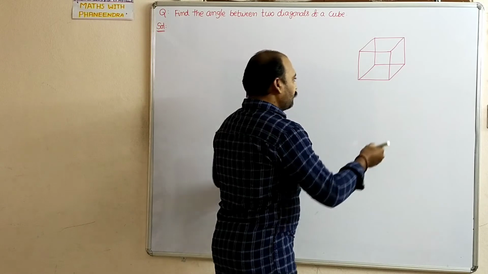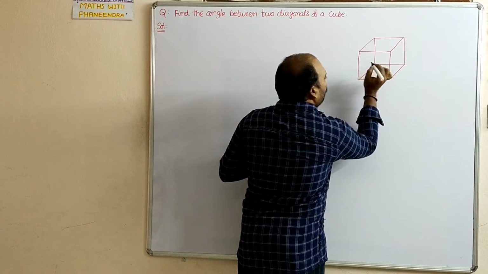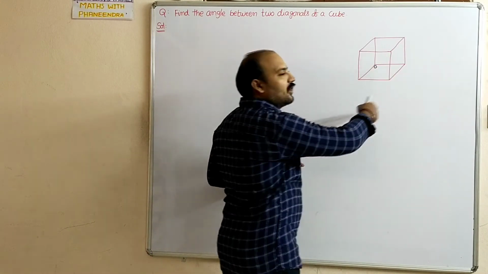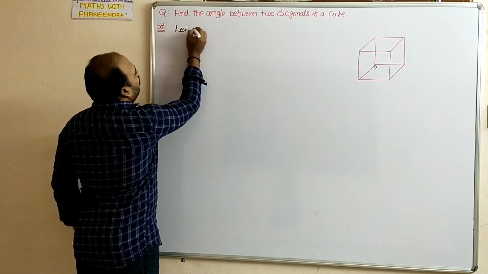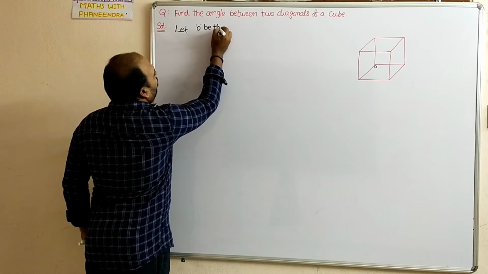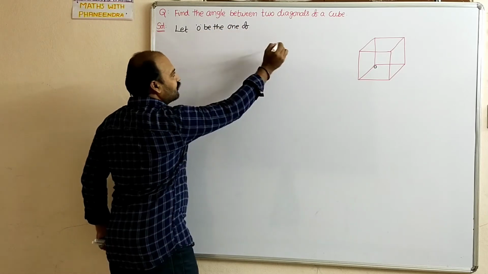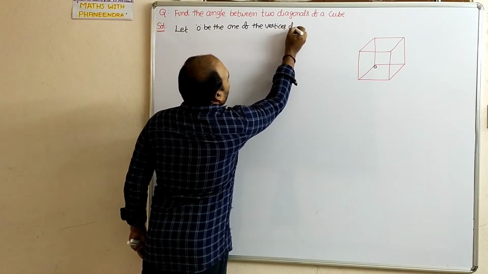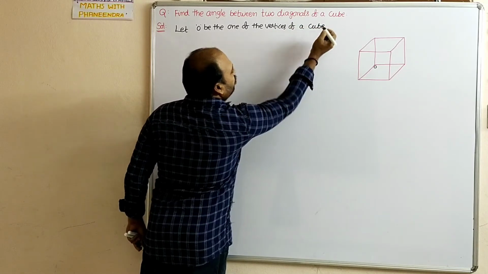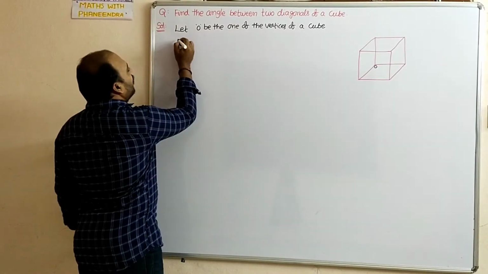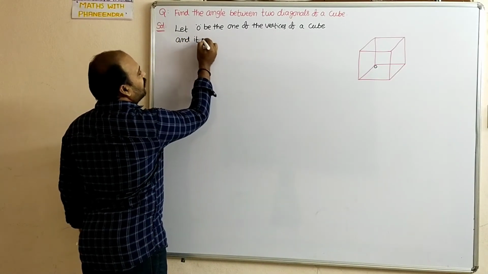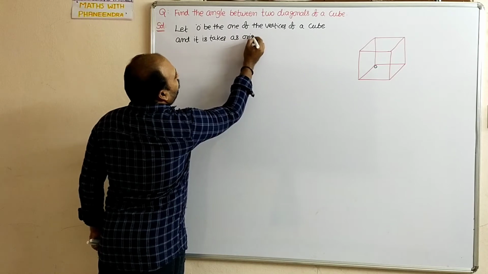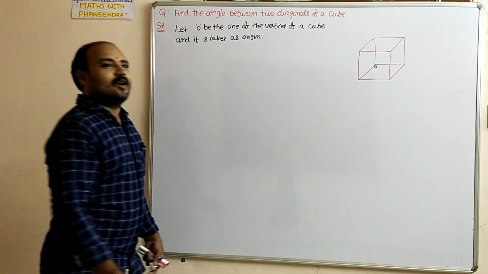So here, let O be one of the vertices of a cube, and it is taken as origin. We know that the coordinates of origin are 0, 0, 0.